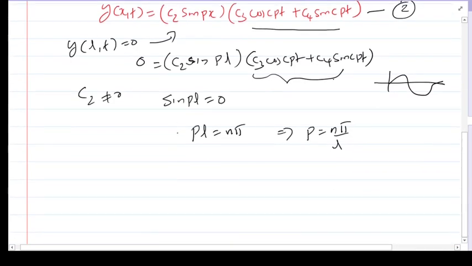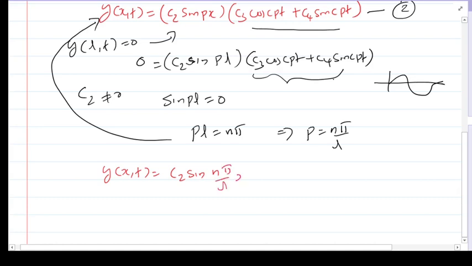So we go back to this particular solution and revise it by substituting P equal to n pi by L. So our new y of x,t equals C2 sin(n pi by L x) into [C3 cos(n pi by L ct) plus C4 sin(n pi by L ct)].